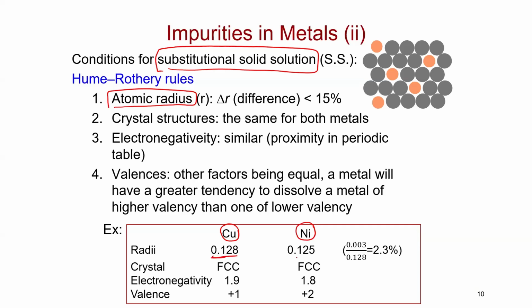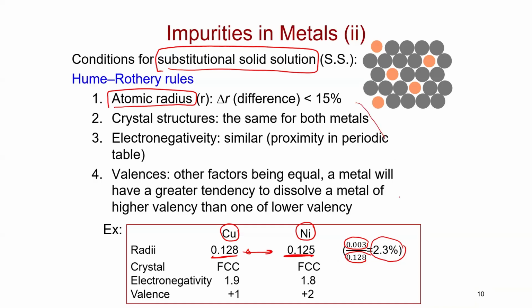You can see the radius of these two. They are very close. If you consider the change in the radius, it is 0.003. If you take it as a percentage, divided by the radius of one of these and times 100, you get only a 2.3% difference in the radius.